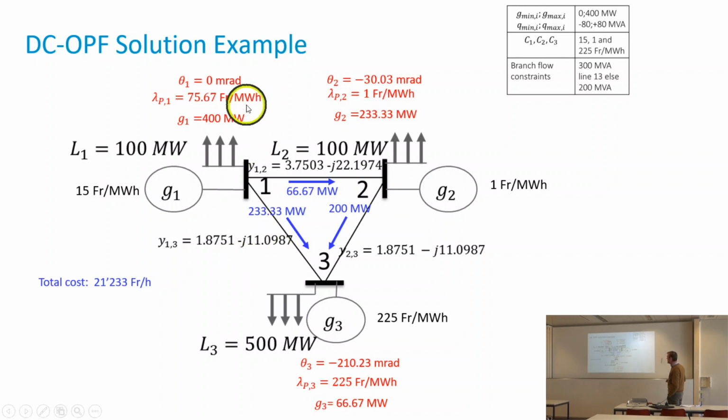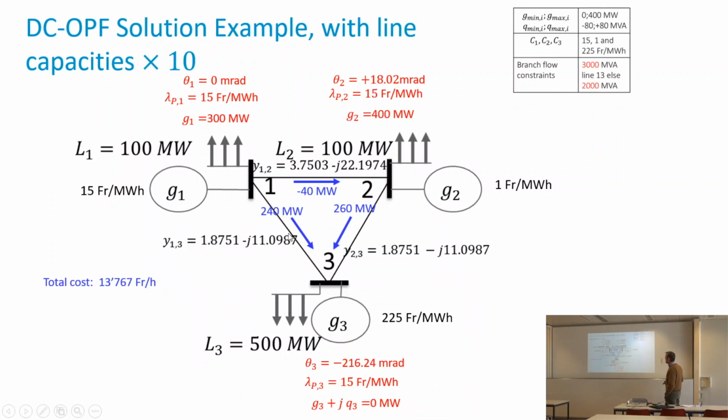We see that the marginal costs are also very close to what we found. Not exactly here in this case, but very close. Here, since there is no loss, the marginal cost is exactly the production cost at this node. Before, with the ACOPF, it was a bit larger. And we see similarly that if we increase the capacities, the power flows change dramatically.